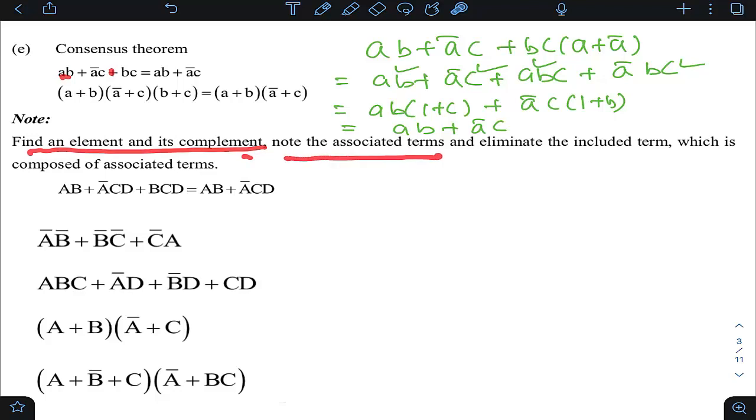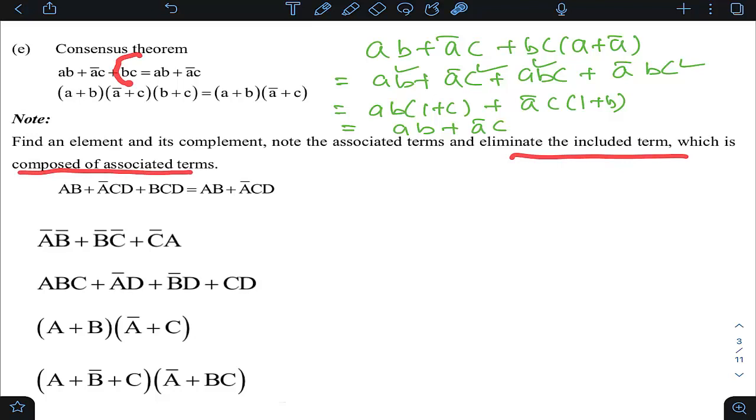Note the associated terms. Associated terms are B and C. Eliminate the included term which is composed of associated terms. So this is a term which is composed of B and C, so you have to eliminate this. This is what the consensus theorem says.